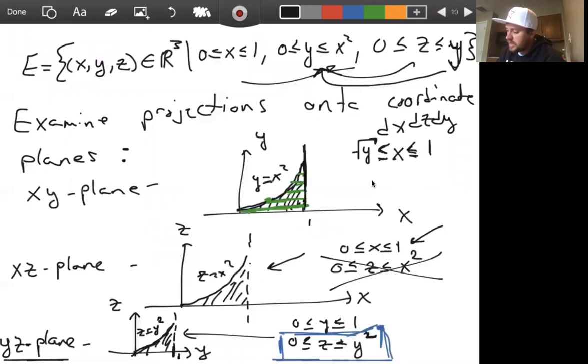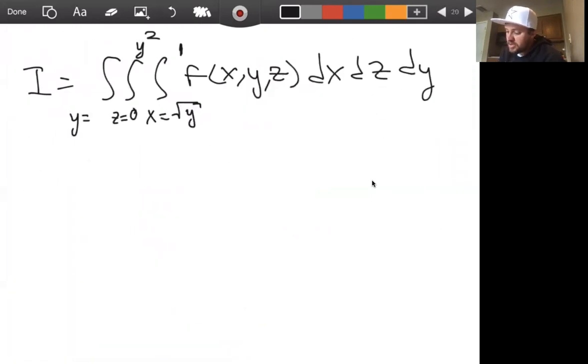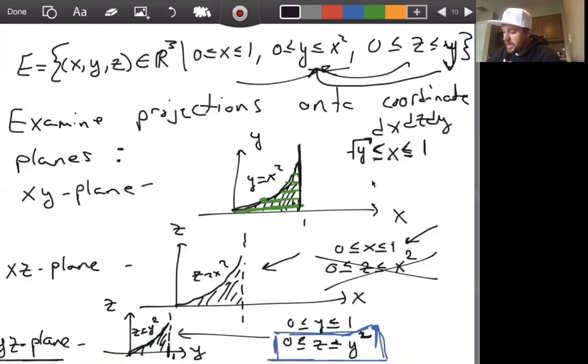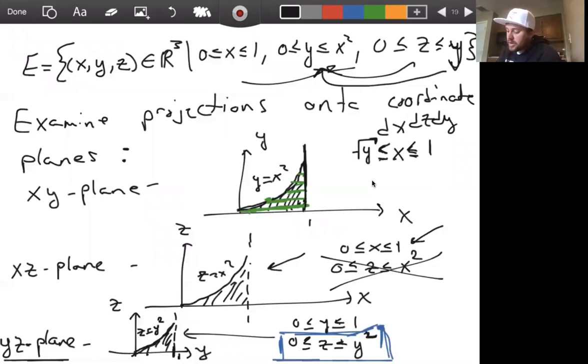And then lastly, we have bounds for x and z, and so now we need bounds for y, right? But now, since we're integrating y last, we can't have z or x in the bounds, right?